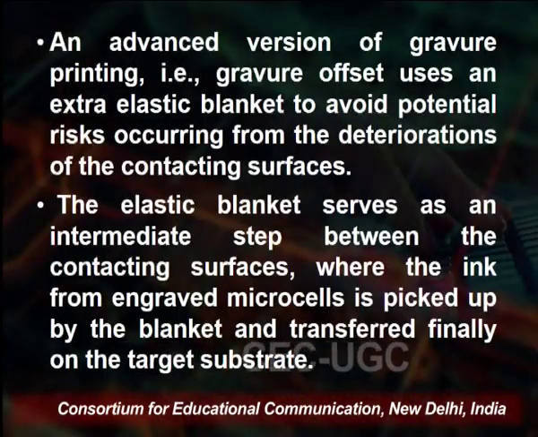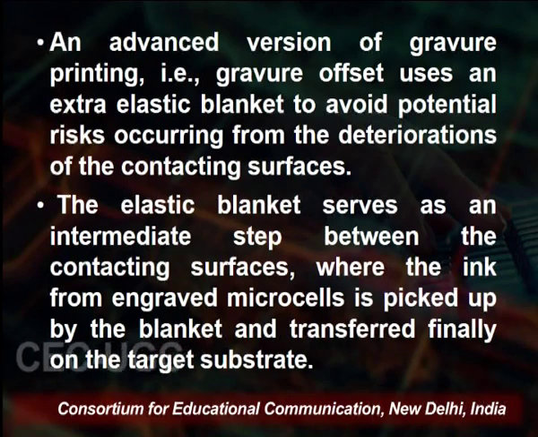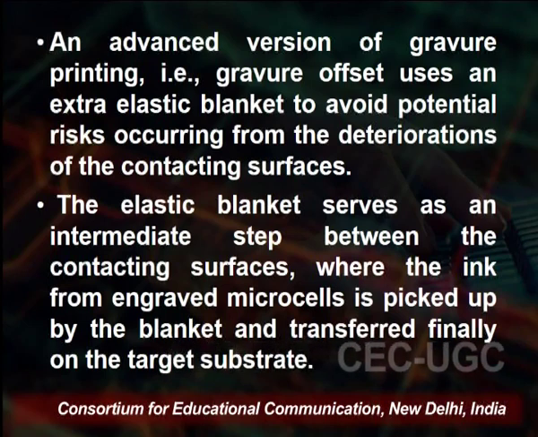The optimal viscosities help rapid prototyping by increasing the printing speed and allow full emptying of the ink from the engraved microcell. An advanced version of gravure printing is gravure offset, which uses an extra elastic blanket to avoid the potential risk from deterioration of the contacting surface.